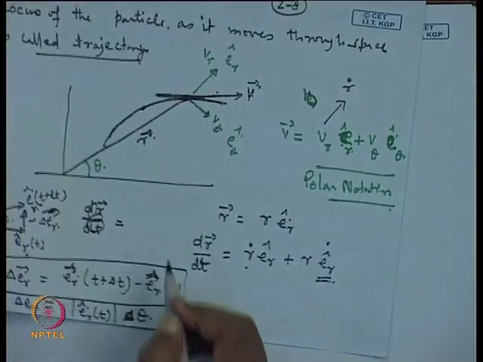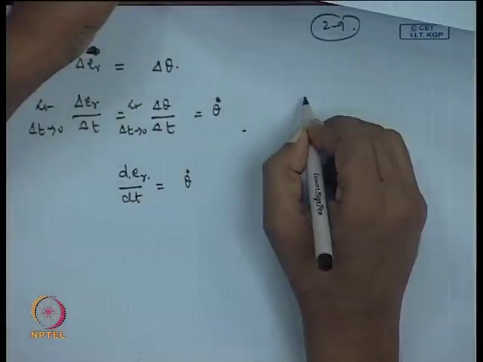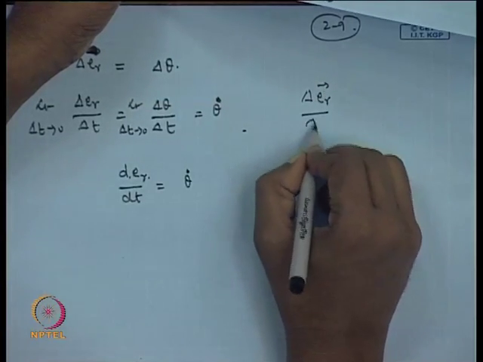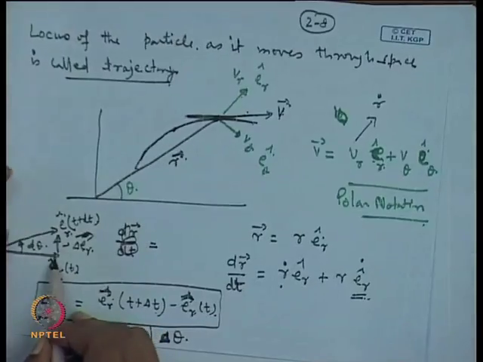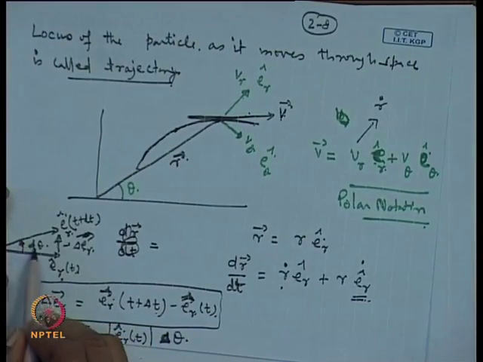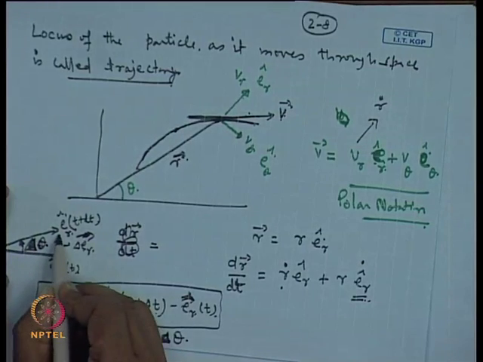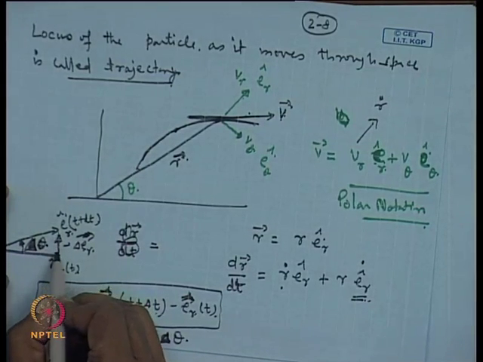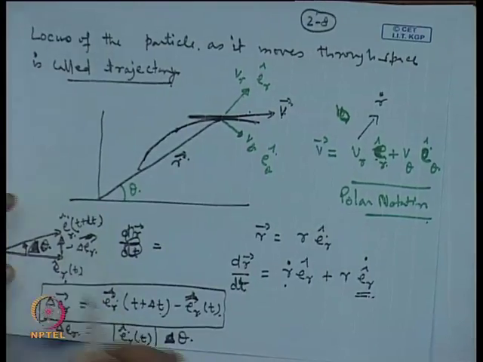What about the direction? For delta E r by delta t, we can follow the example here, with the angle delta theta. As delta theta becomes smaller and smaller, this vector will be just perpendicular to the E r vector.